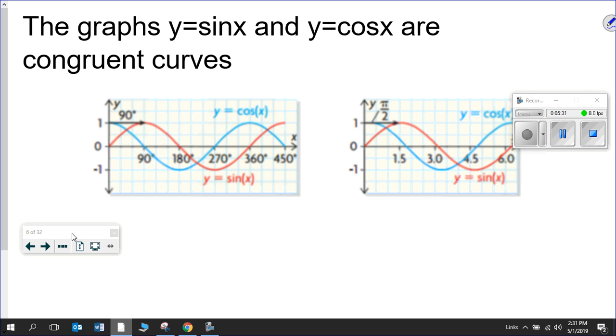They look very much the same. It's simply like I picked up one graph and moved it left or right, and I got the second graph. So all graphs are both sine and cosine at the same time. And as you move forward in the unit, I will show you how you decide whether you want to call it a sine or whether you want to call it a cosine.